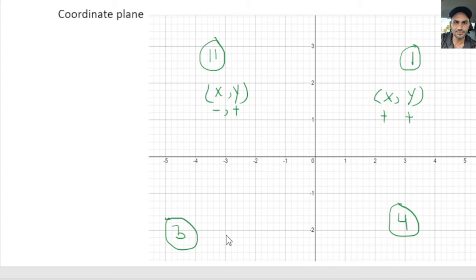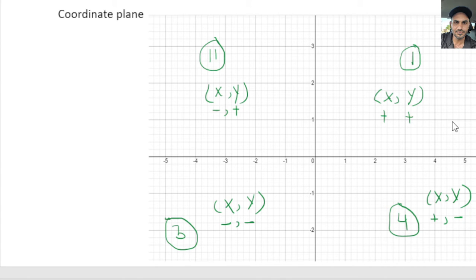And we have a third quadrant. We have x and y here as well, and here both x and y are negative. And we have the fourth quadrant. We have x and y here as well, and here x is positive and y is negative.